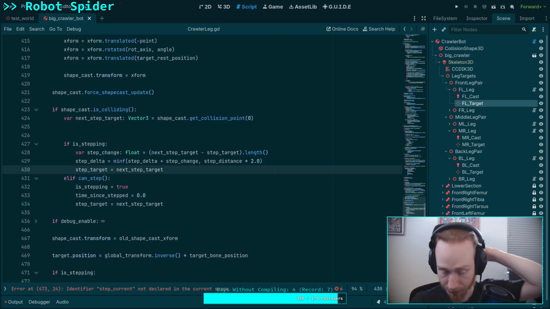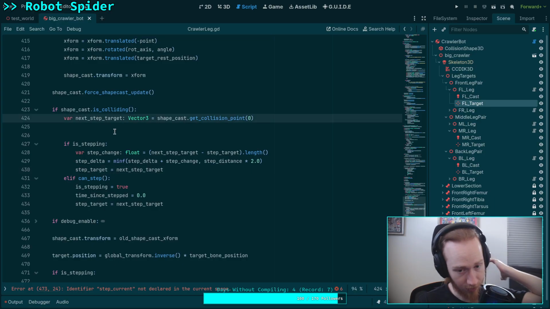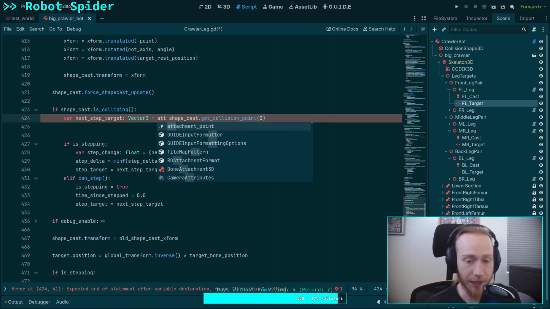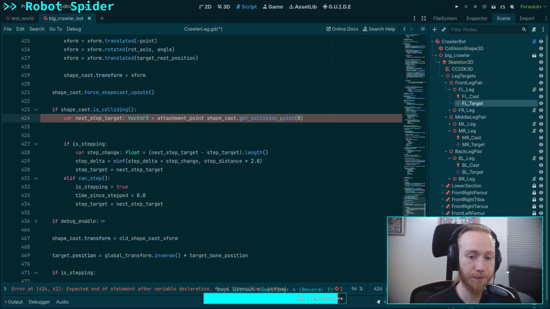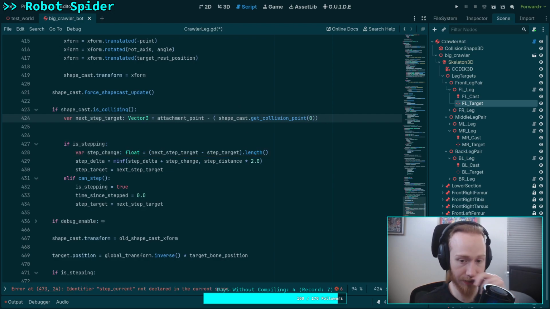Why is there no highlighting? Step target. Yeah, so next step target is gonna be my attachment. Attachment point is relative to the body. So if I want to get this relative to the body, end minus start, it would be this minus, is global.